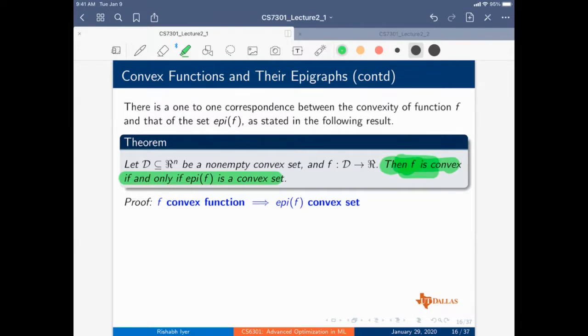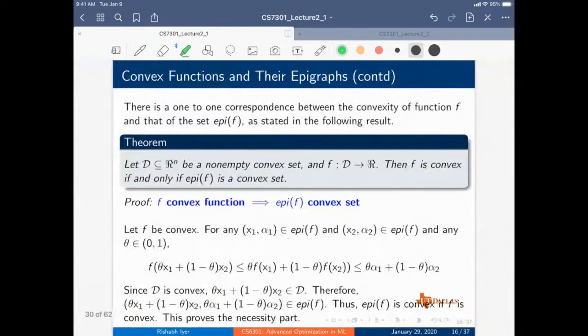If you're claiming something is if and only if, you want to first prove that the first quantity implies the second quantity, and the second quantity implies the first back. So we'll start by proving that if f is convex, this implies that the epigraph of f is convex. And this is the proof.